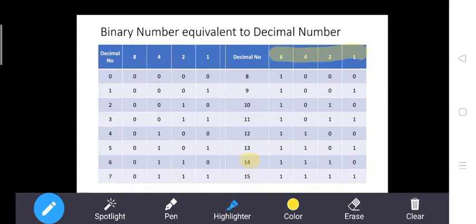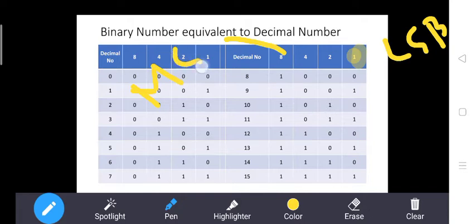These are actually binary weights. How? I will tell. This position for binary is your LSB. This 8 position is your MSB. For LSB, the position number is 0, next 1, next 2, next 3.